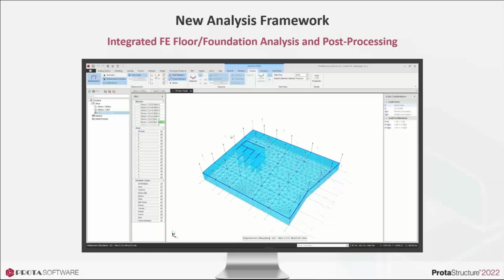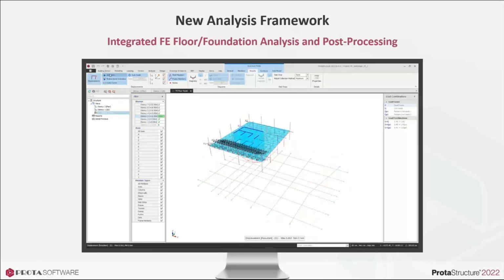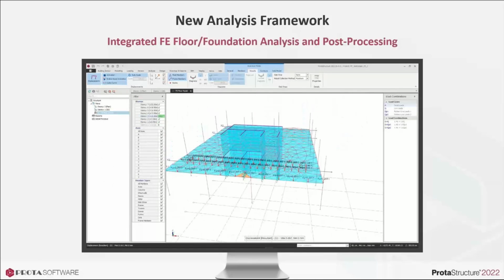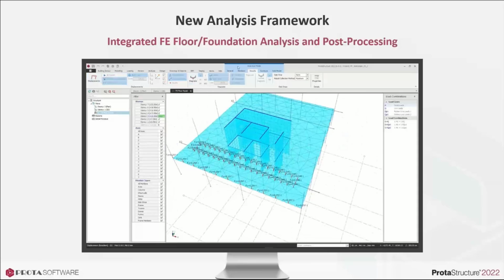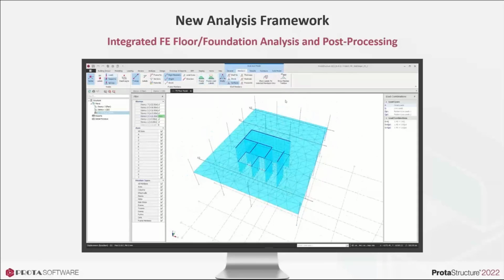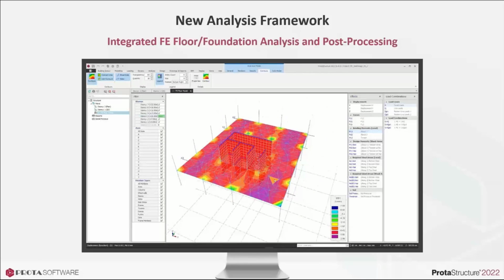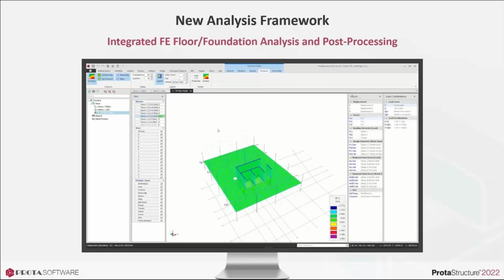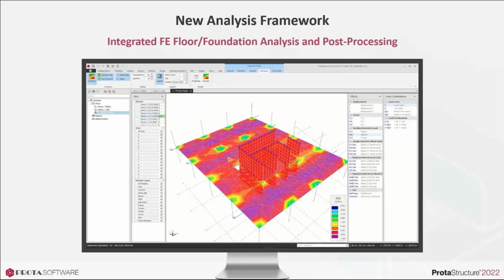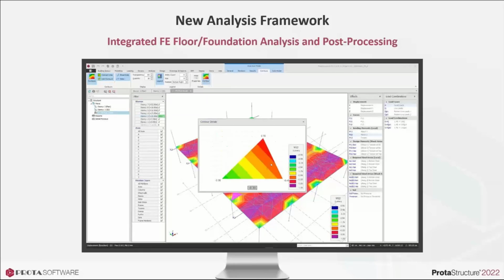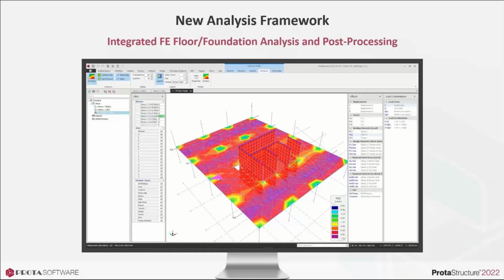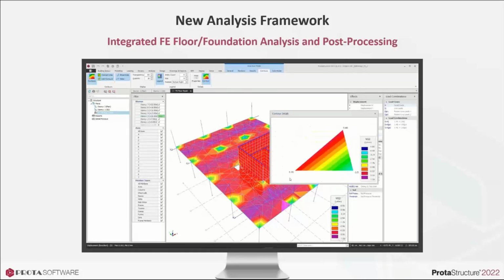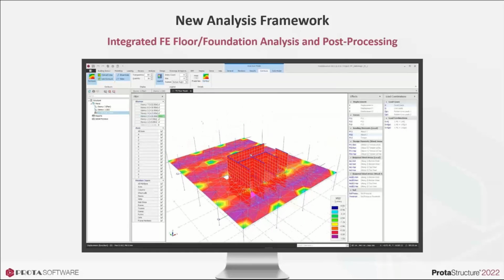This approach is preferred by engineers who want to design against vertical loads by approximating conventional methods by short frame analysis. This is also preferred because it eliminates the frame effect due to differential axial loading in a 3D building analysis. So ProtaStructure 2022 now makes it easy to analyze the floors separately.